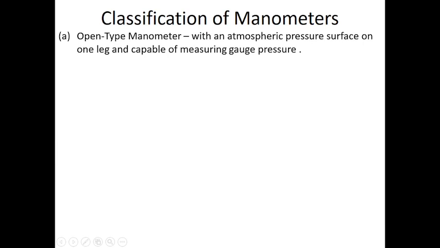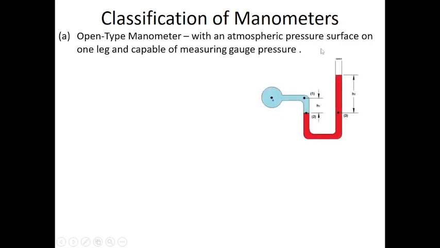Now we have classification of manometers. As I have said in my previous slide, we have an open type manometer with an atmospheric pressure surface on one leg. So this is the leg that we consider, and there is atmospheric pressure.